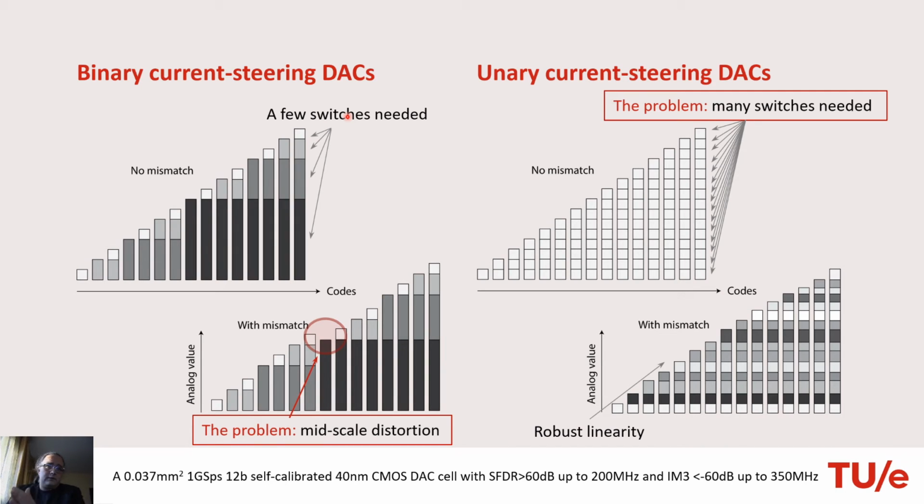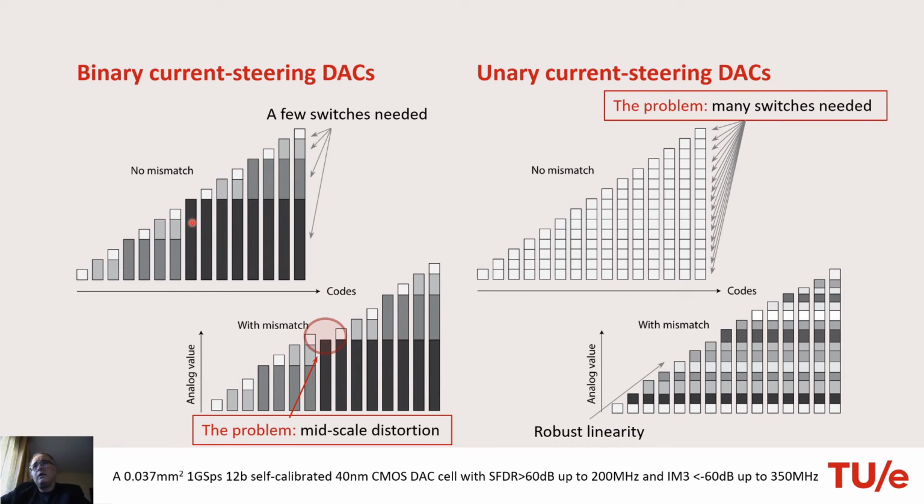Of course, as the resolution grows, so this staircase grows, we will use more components. But the point is that the binary architecture is very efficient. We use only a few switches, only a few cells, and then the analog outputs are created by combinations of these.